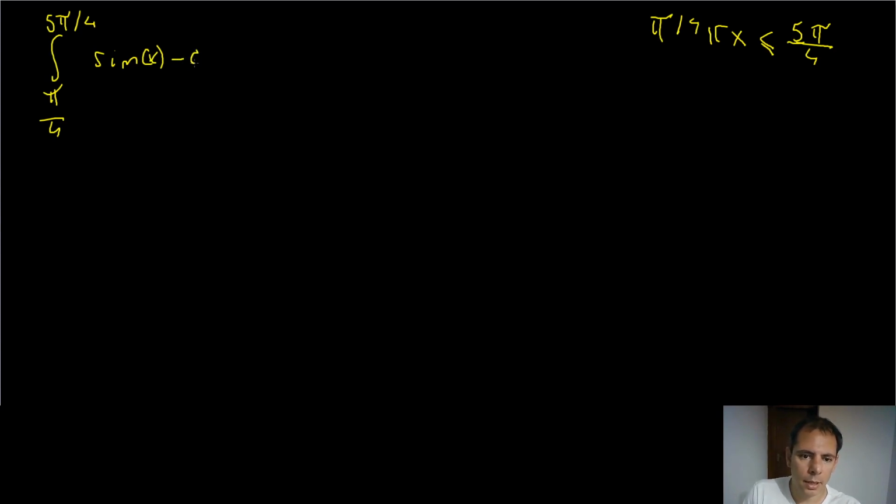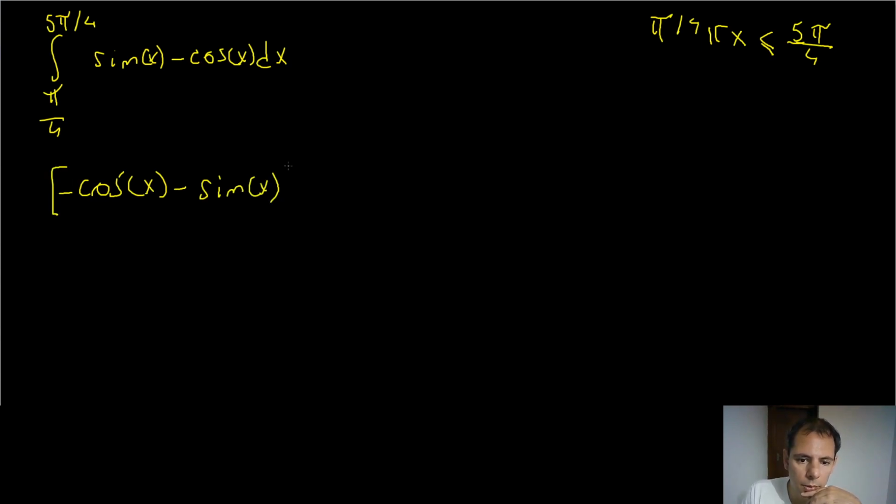Now what is the integral of the sine of x? It's minus cosine of x, minus the integral of the cosine of x, which is sine of x. And then you have to go from pi divided by 4 to 5 pi divided by 4.